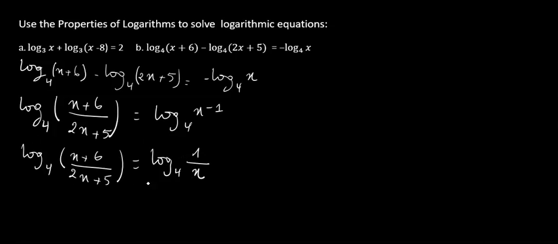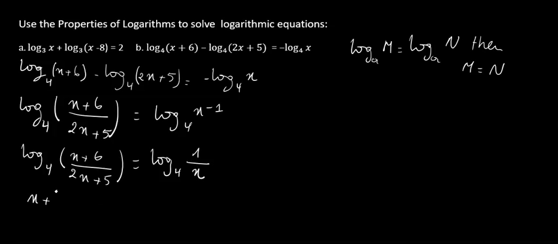Now I have to use the one-to-one property, where it says if you have log base a of m is equal to log base a of n, then m is equal to n. Since they have the same base, m is equal to n. Now here I will use it in this step. We have x plus 6 over 2x plus 5 is equal to 1 over x.